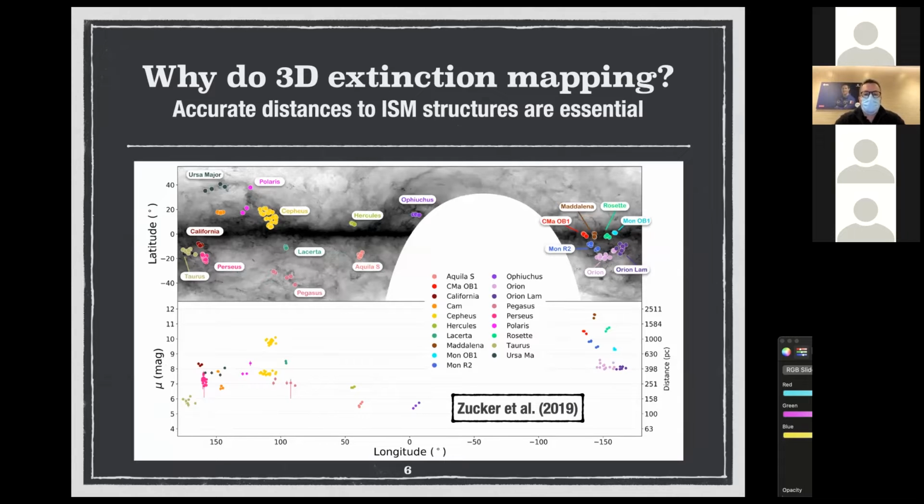The bottom panel shows you their longitude and their distance on the right-hand side. What I need to point out here is that, in fact, the error bars are included in that plot. They're just so small that they're mostly within the symbols. So we're getting some very good distances that we weren't able to get with kinematic distances.